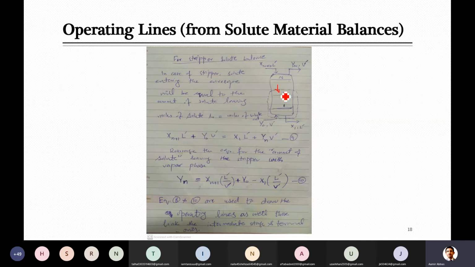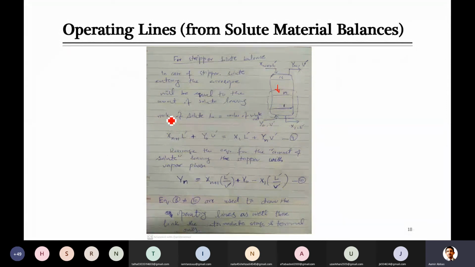Like if you take it as 5, that will be coming from the 6th just above the fifth tray. So x_{n+1} multiplied by the solute-free liquid flow rate, similar to what we just saw, only the difference is that was x0 L' and here it is x_{n+1} multiplied by L', the same thing.